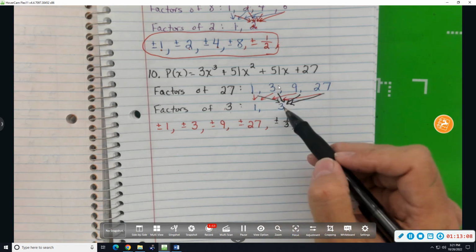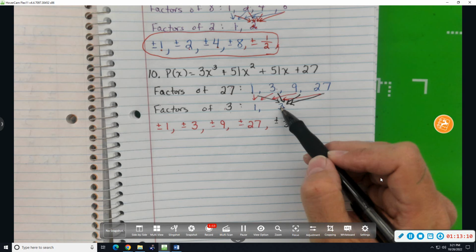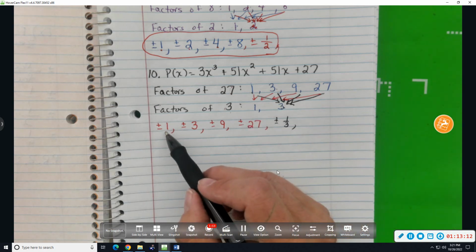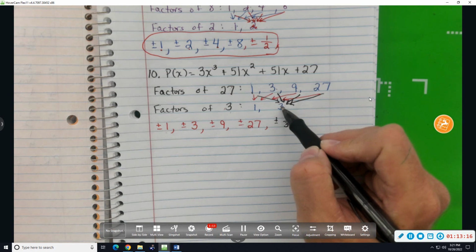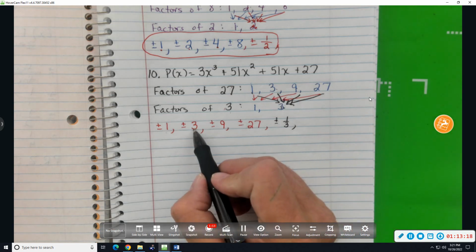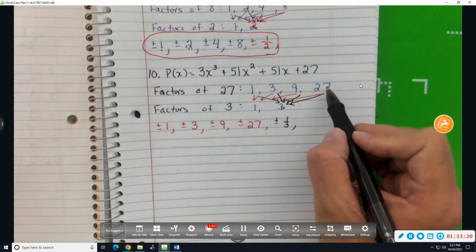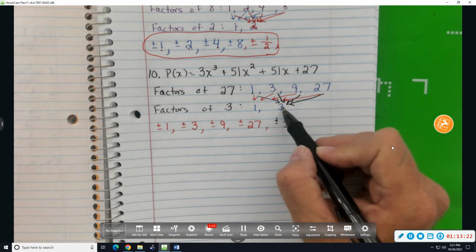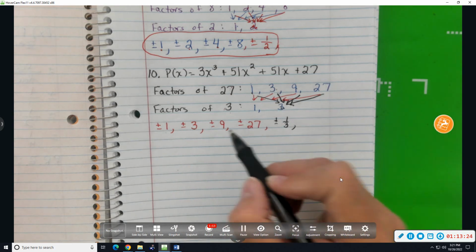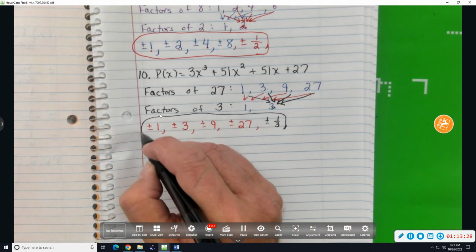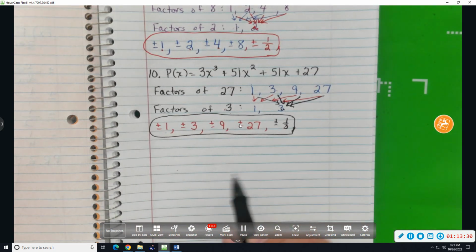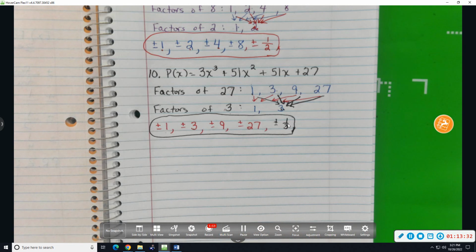What about 3 over 3? That's 1. We already have it listed. Then 9 over 3 is 3. We already have that listed. 27 divided by 3 is 9. We already have that. Look at that. There are only 10 numbers that could possibly be rational zeros.